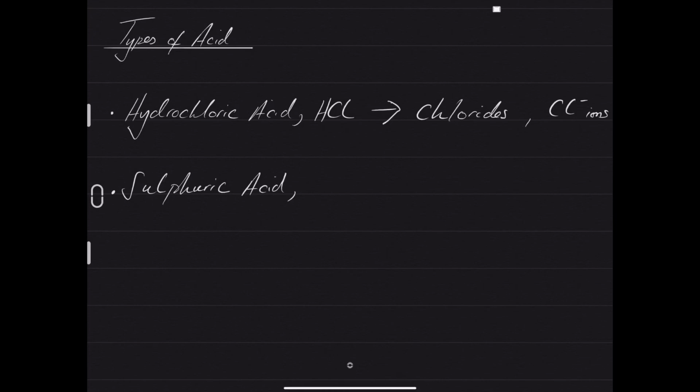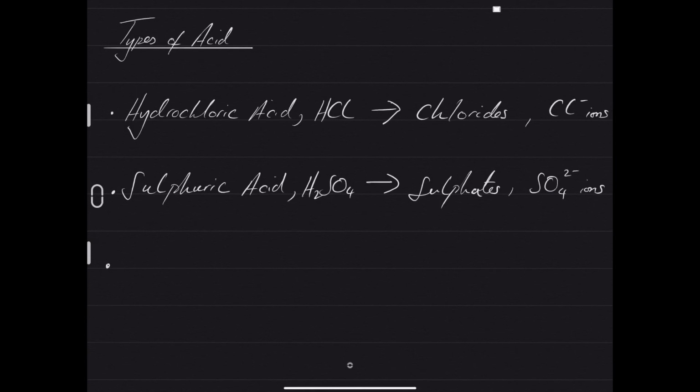And we say the symbol equation is H2SO4. And this will always give us sulfates. And this is due to the SO4 2- ions.